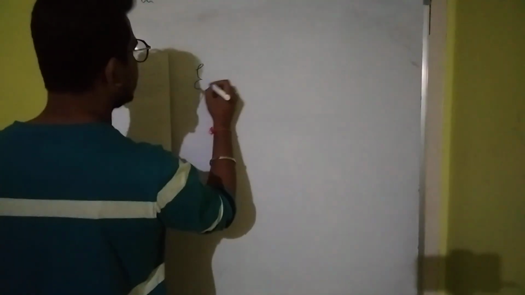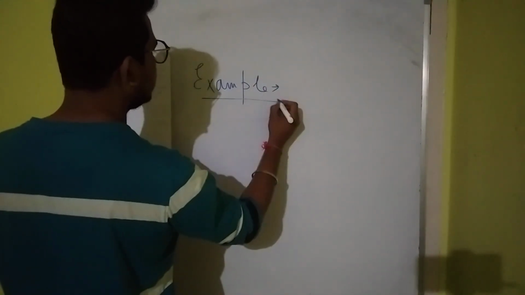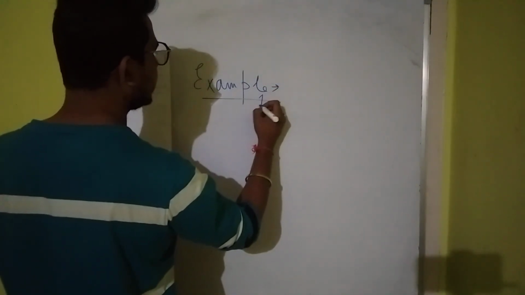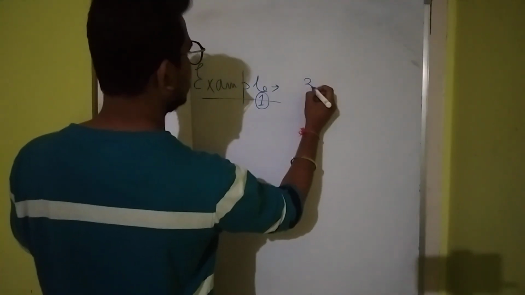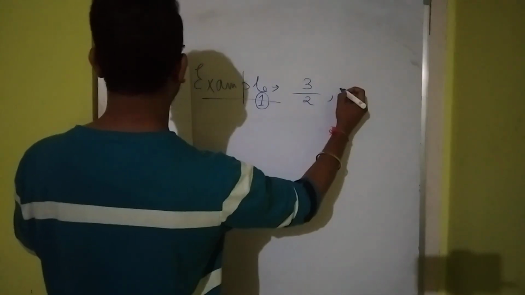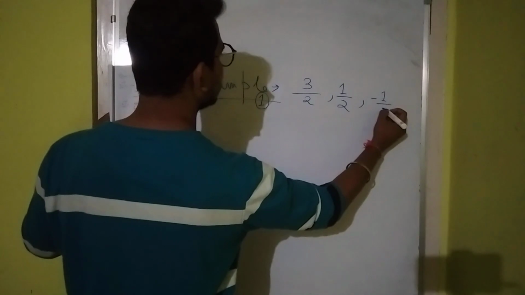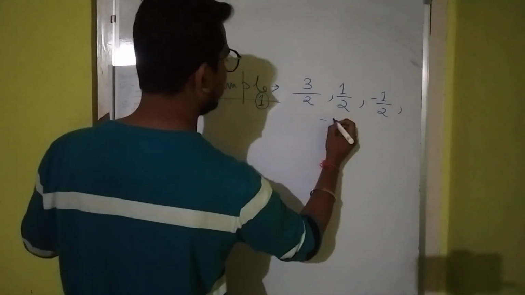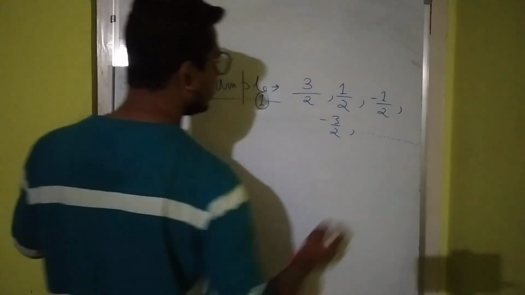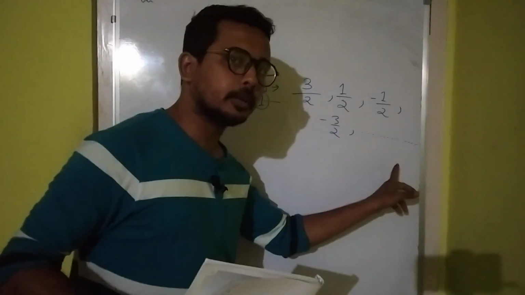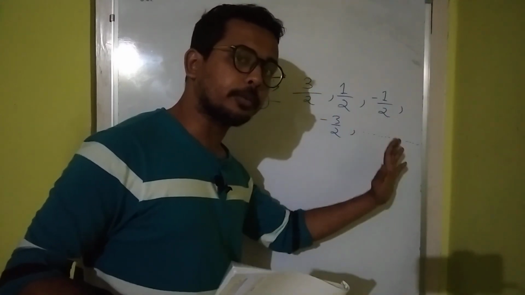So the first example, example 1: 3 by 2, 1 by 2, minus 1 by 2, minus 3 by 2 and so on. So ये डॉट का मतलब है कि नंबर्स चल रहे आगे की तरफ, they're not stopping somewhere.